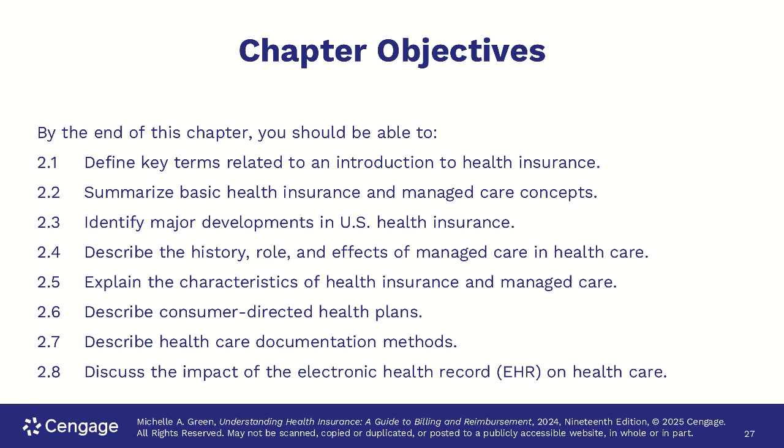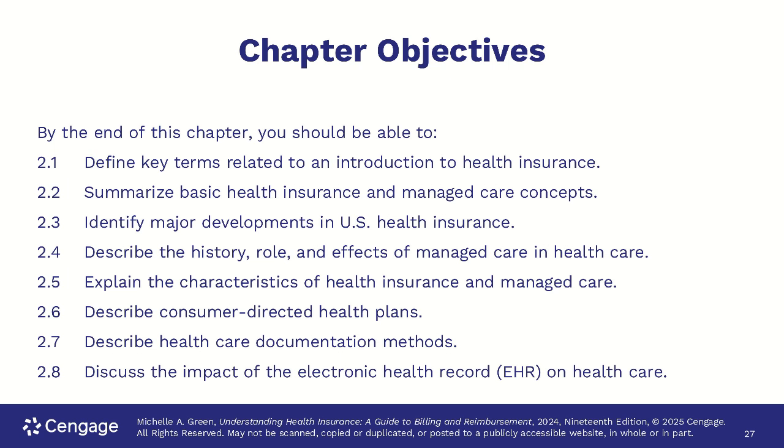As usual, we will begin with our objectives. And so there are 8 of them. One, for you to be provided with an introduction to health insurance, and it's a beast. Summarize the basic health insurance and managed care concepts. We're going to look at the major developments in health insurance, which really dates back to like 18 something.